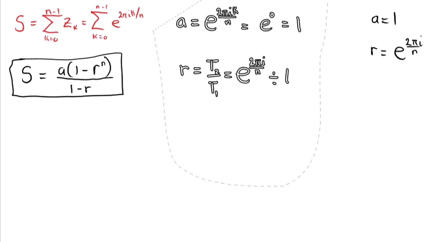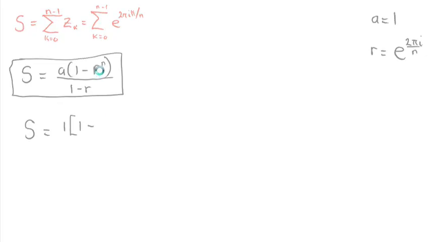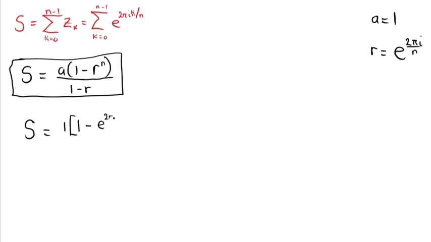Now that I have those two, I can go ahead and substitute in the formula. So s is equal to the first term, which is 1, times 1 minus r raised to the power n. Remember, the common ratio r is e raised to the power 2 pi i over n, and this r is raised to the power n, according to our formula.